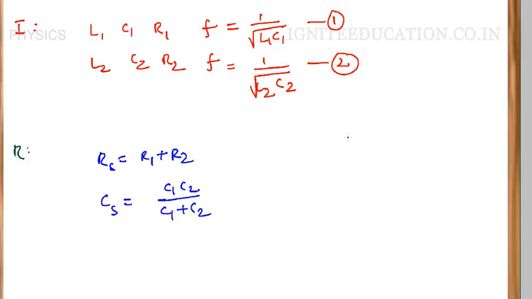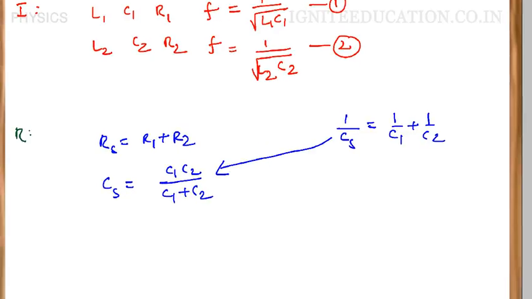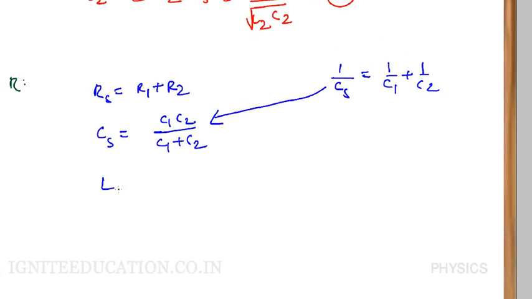We already know when two capacitors are connected in series, the effective capacitance 1 by Cs is equal to 1 by C1 plus 1 by C2. After simplification I have written this. And now for inductance, Ls is equal to L1 plus L2. For a series combination, the inductance is also added because you are just combining the coils. Adding the coils leads to adding the inductance.